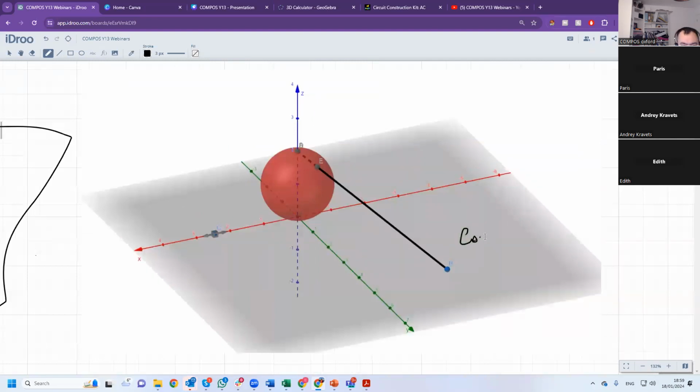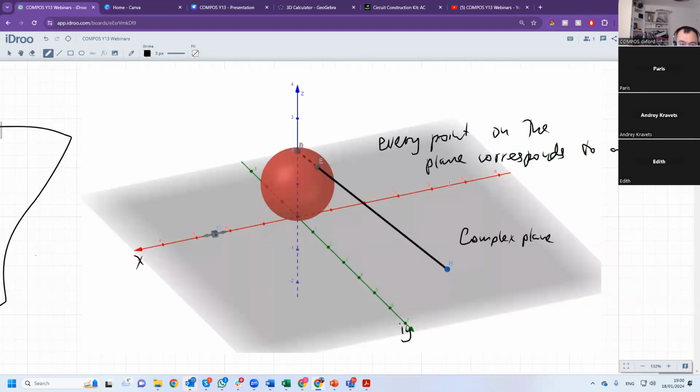So this is the complex plane. This is iy, and this is x. Every point on the plane corresponds to a point on this sphere. So this is not exactly sets, but this is a demonstration of mappings.